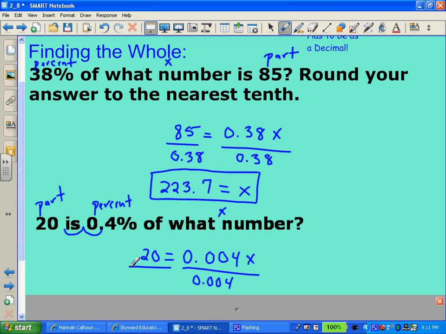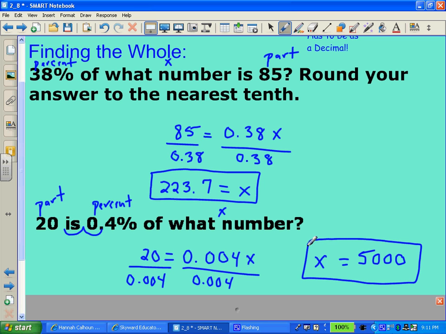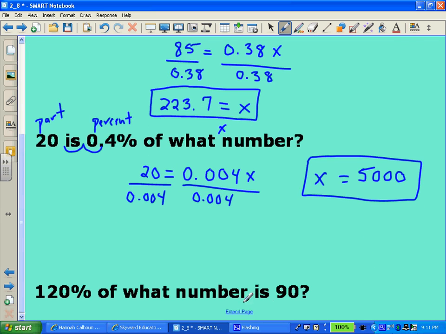So I'm going to divide by 0.004, and 20 divided by 0.004 is 5,000. So 20 is 0.4% of 5,000.